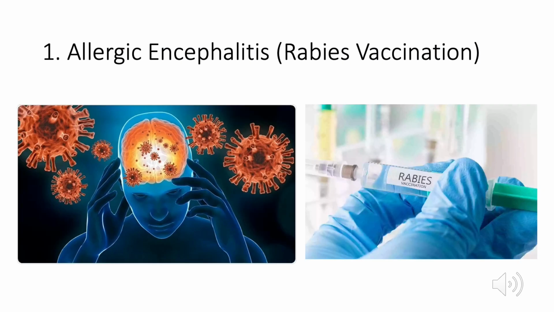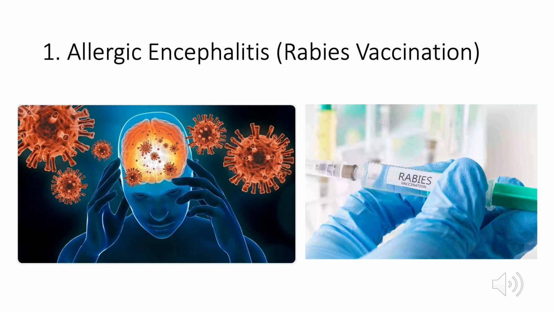Allergic encephalitis. During preparation of rabies vaccine, rabies virus is grown in a rabbit brain cell culture, which also contains rabbit myelin protein. In individuals injected with this vaccine preparation, host immune response will react on both the rabies viral antigen and the rabbit myelin protein.